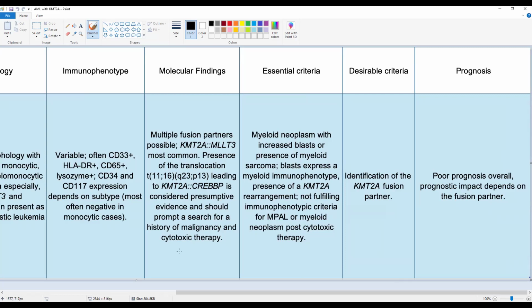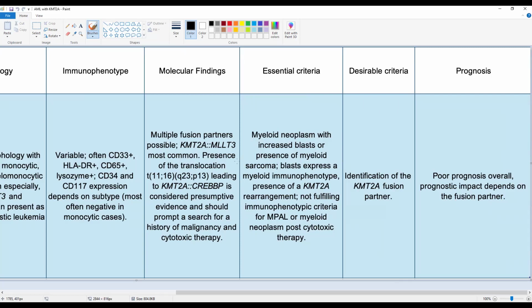The essential criteria that you need to make this diagnosis include identifying a myeloid neoplasm with increased blasts or the presence of myeloid sarcoma as well. As for the blast percentage, they don't have to be more than 20% in the peripheral blood or in the bone marrow. These blasts should express a myeloid phenotype.